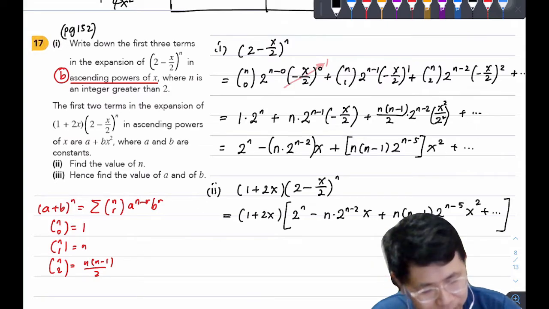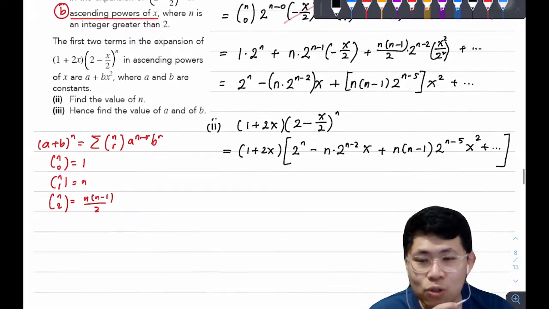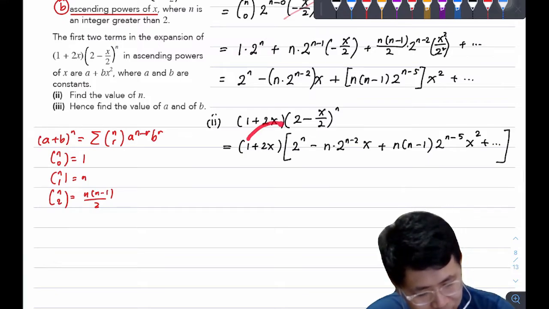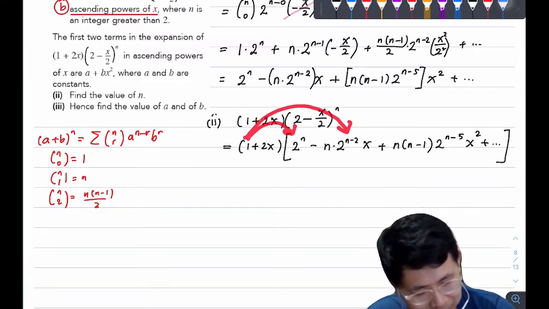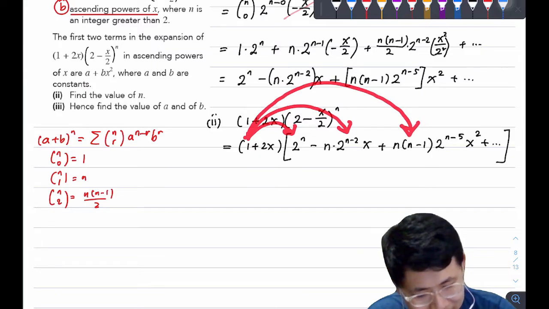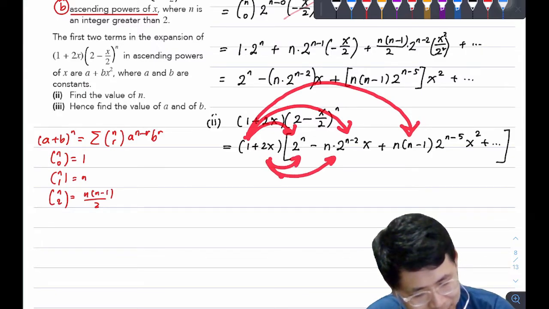Okay, I'm going to expand with this. Now it's just to expand mechanically, right? So I have 1 times this, and I have a 2x times that.